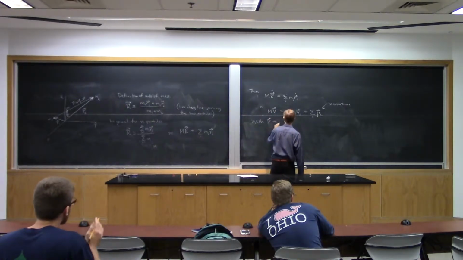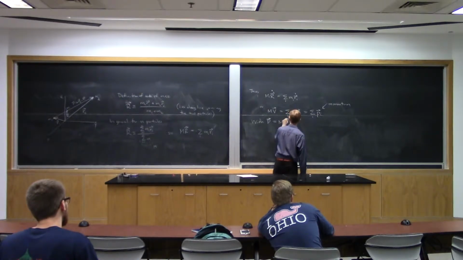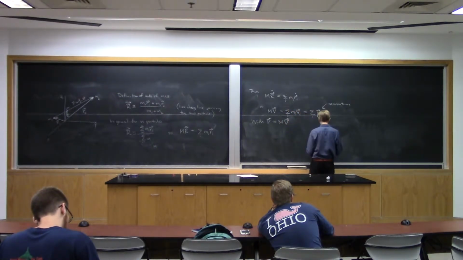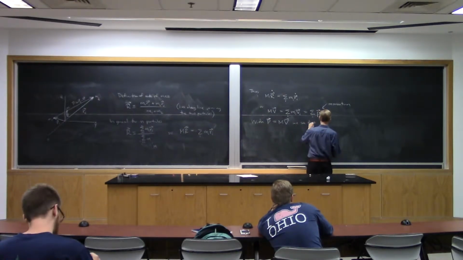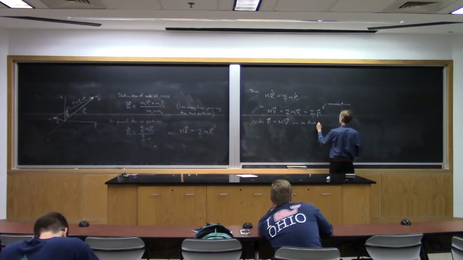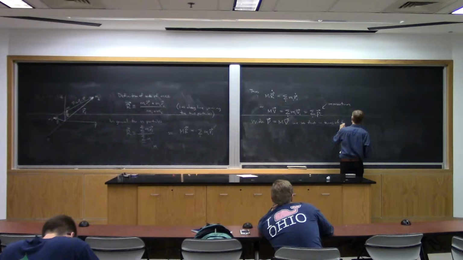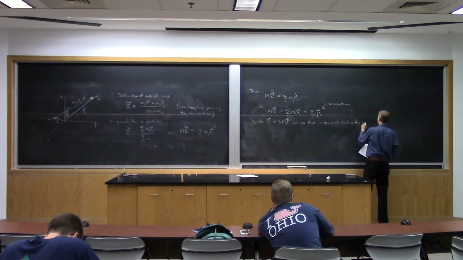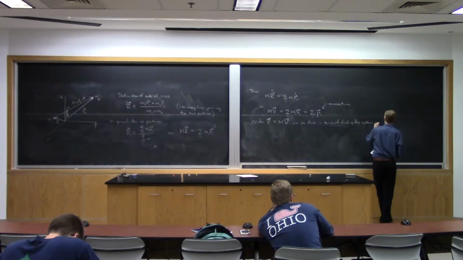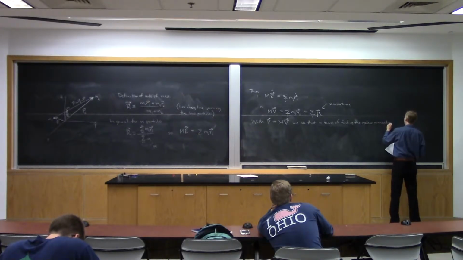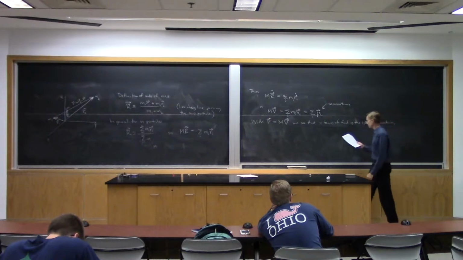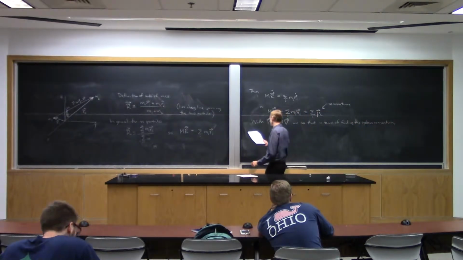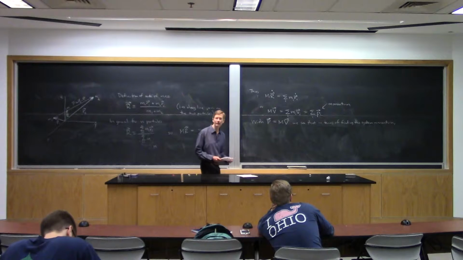So with P equals big M V, we see that in terms of finding the system momentum, we can replace the system with a single particle of mass big M moving with the velocity of the center of mass.